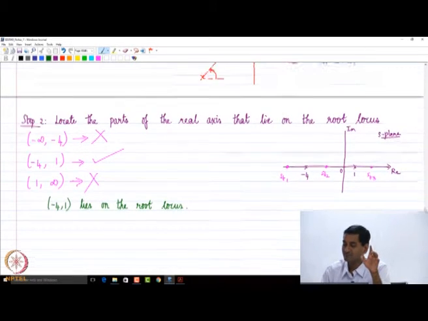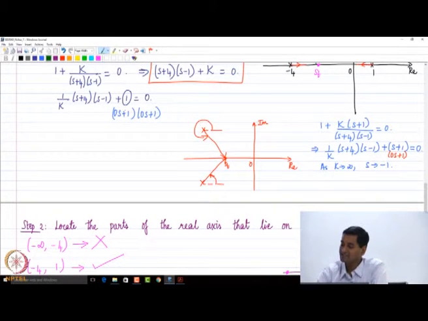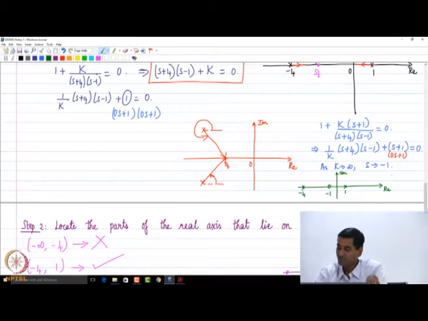Suppose if there were a 0, right? Let us say we had this example, right? So to answer that question, let's say we consider the real and the imaginary axis. This is plus 1, minus 4 and minus 1 was the 0, right? So same steps, but now the only thing is that you will have 4 regions: minus infinity to minus 4, minus 4 to minus 1, minus 1 to plus 1 and 1 to infinity.